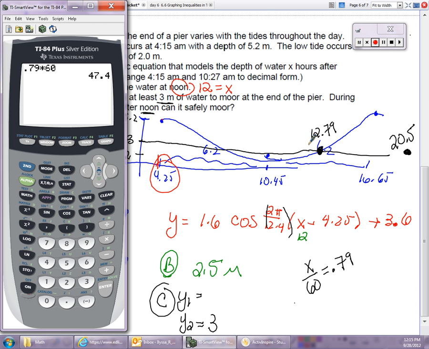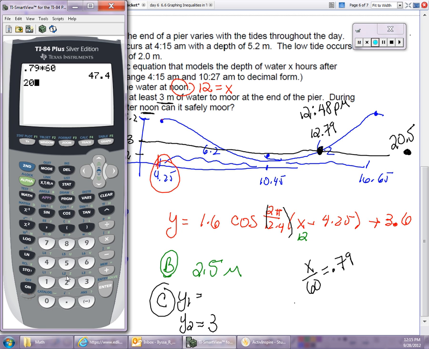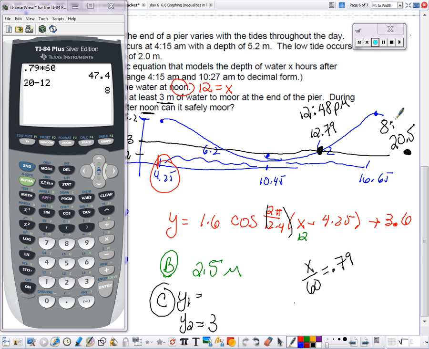So at 12:48 p.m. and then 20.5, well 0.5 is 30 minutes, and now 20 is how many hours past noon. So this is 8:30 p.m.